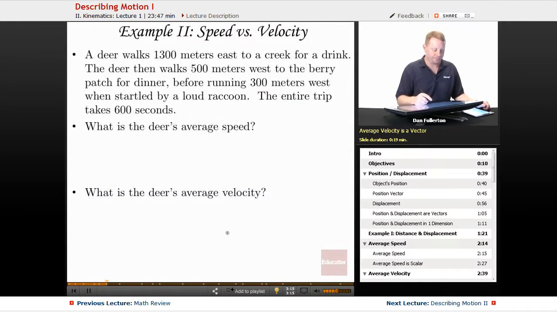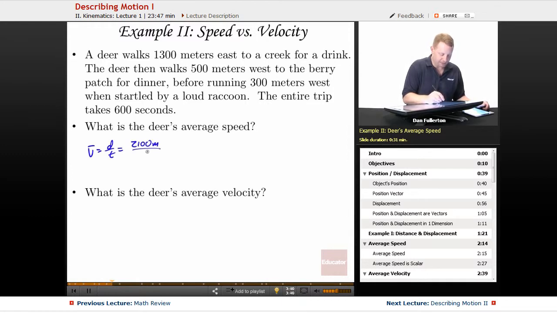Let's take a look. The deer walks 1,300 meters east to the creek, 500 meters west to the berry patch, before running 300 meters west when it's startled by that loud, evil, angry, nasty raccoon. The entire trip took 600 seconds, 10 minutes. What is the deer's average speed? Well, v average is distance over time. It traveled 2,100 meters over 600 seconds, so the average speed was 3.5 meters per second.